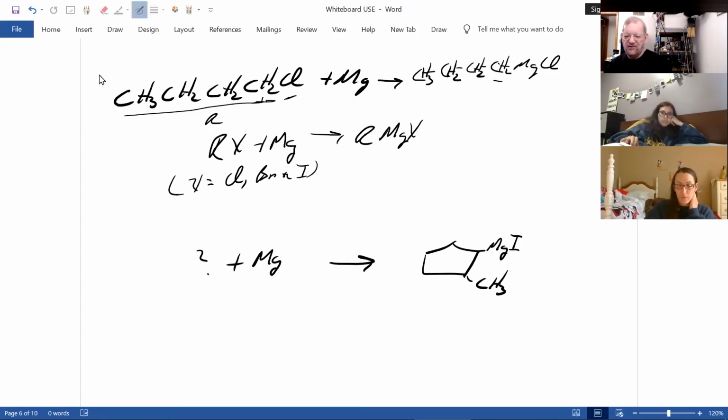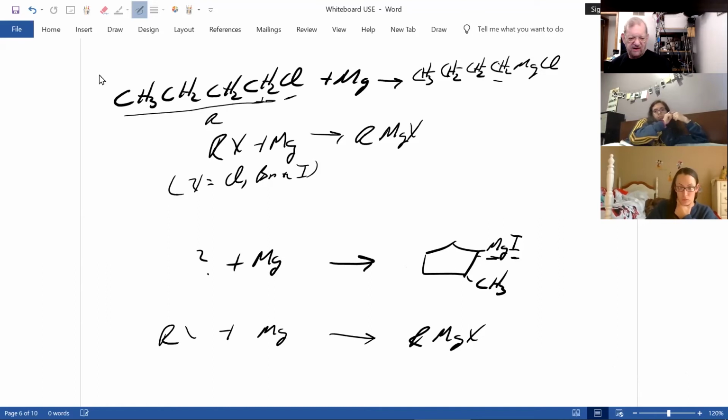Now here you look at the product and say, what's not carbon, what's not hydrogen? Ooh, magnesium with a halogen on a carbon. This is a Grignard reagent. And what do you react with? A Grignard and alkyl halide, where X is chlorine, bromine, or iodine.